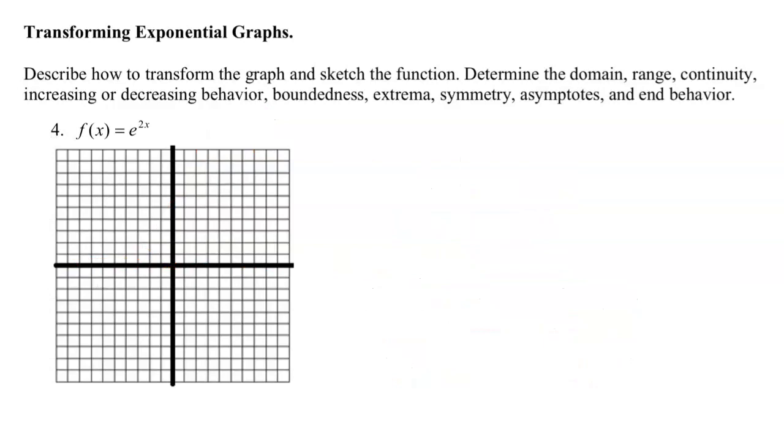Okay, here on the last example, again, e to the 2x. I'm not going to worry too much about plotting an exact ordered pair for each item, but here I do want to notice that this 2x there in the exponent, that is a horizontal shrink by a factor of 1/2, and so that's not going to really do anything to the function.